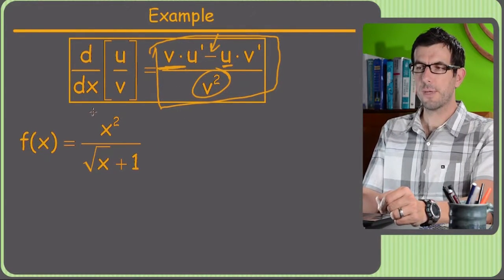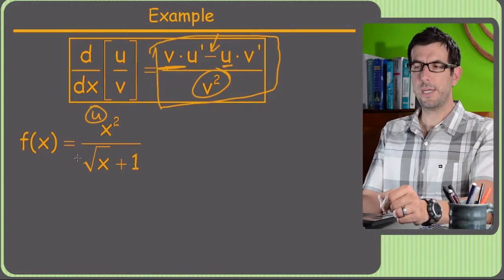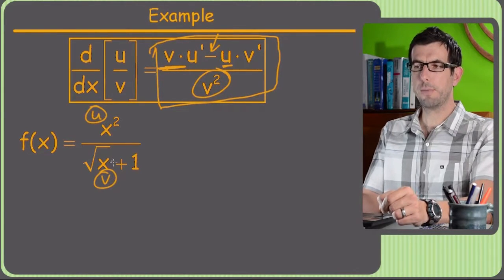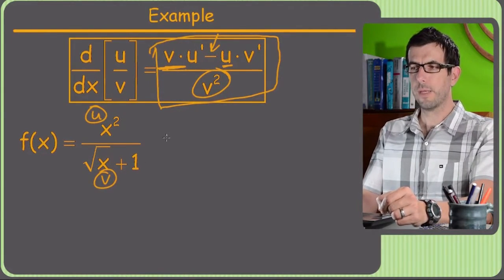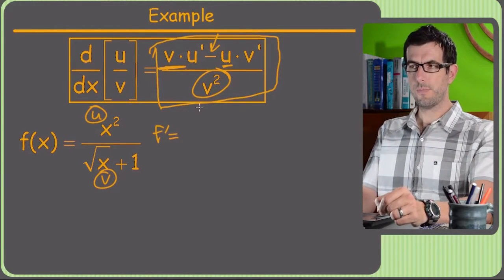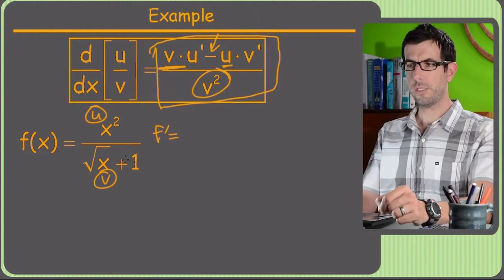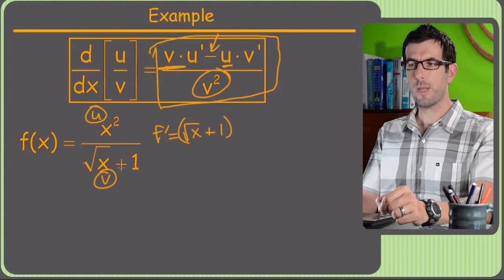All right, so once again, we got a quotient rule opportunity here. So we'll label them u and v and plug and chug. Looks like f prime is going to equal v, which is square root of x plus 1. Now it's important to notice here, this 1 is not under the square root.